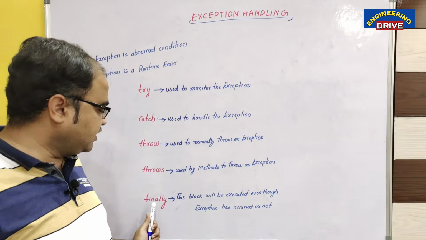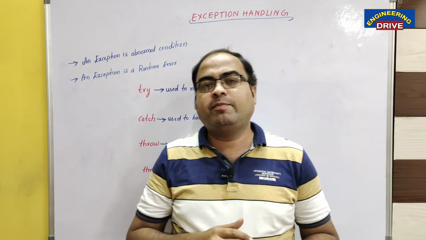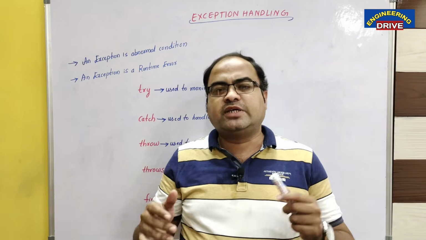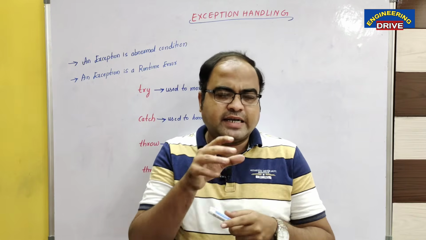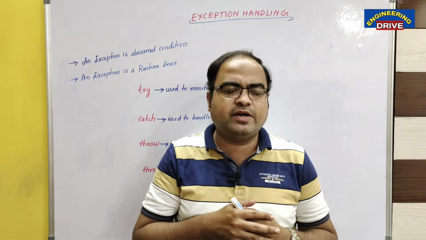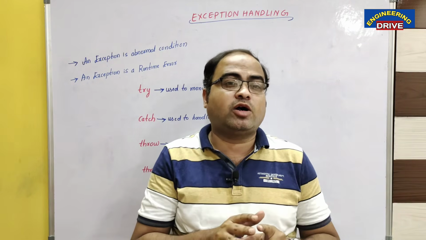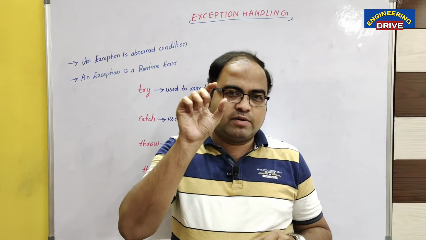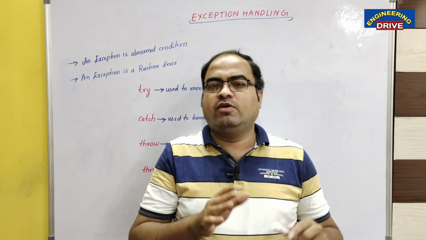Okay, so dear students, I will give one real-time example of the finally block. You know airbags in a car. If any accident or incident happens when a car is going on a highway, no matter whether other components in the car work or not, the program of the airbag should be executed compulsorily.